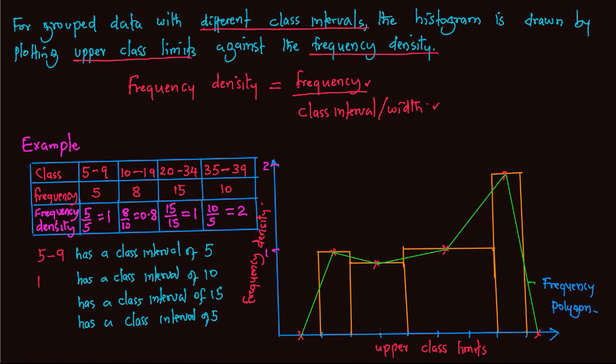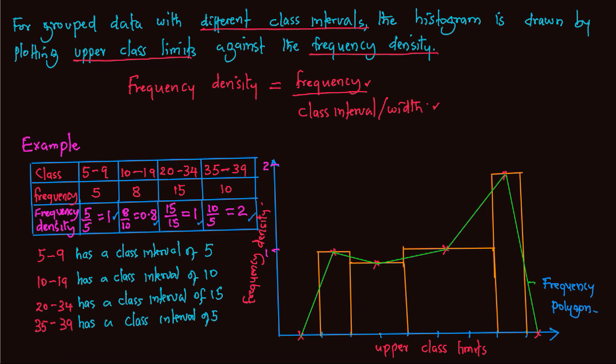So this gives us frequency densities of 1, 0.8, 1, and 2.